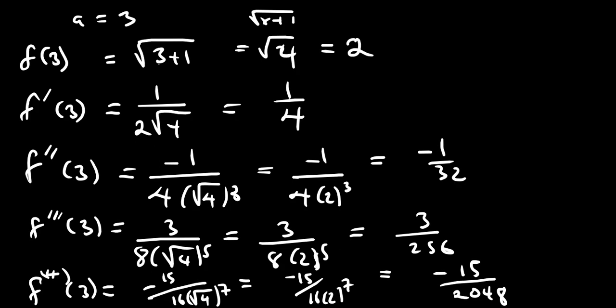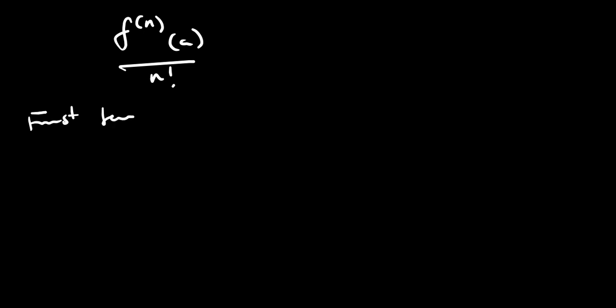Then I must find the coefficients. As I said, the coefficients are given by f^(n)(a) over n factorial. For the first term, it's a constant. The first term is always a constant, and our term will just be f of 3, which is equal to 2.